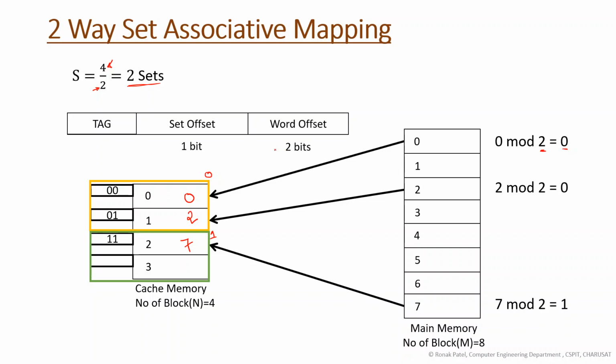Set offset is 1 bit, as we have 2 sets, so to differentiate these 2 sets we require 1 bit, and the remaining 2 bits are for tag. Total 5 bits. Why? 32 words are there, and to differentiate 32 words, 2 raised to 5, 5 bits are required.